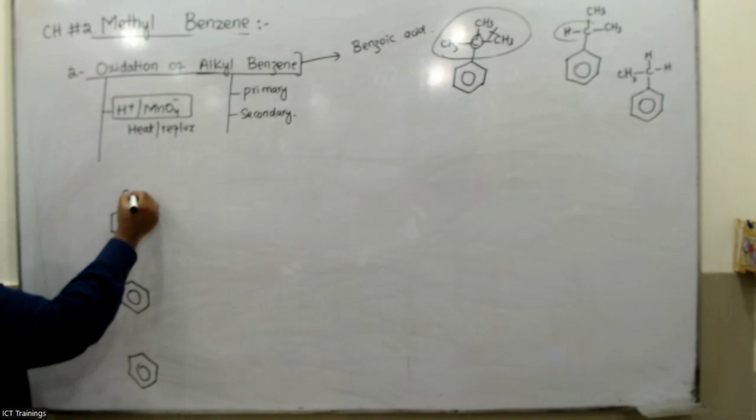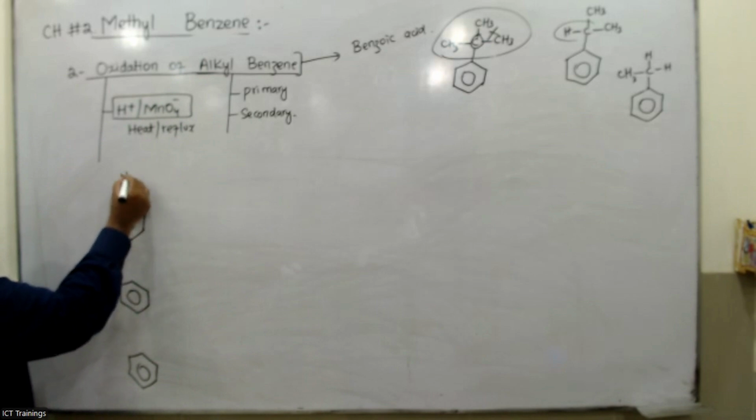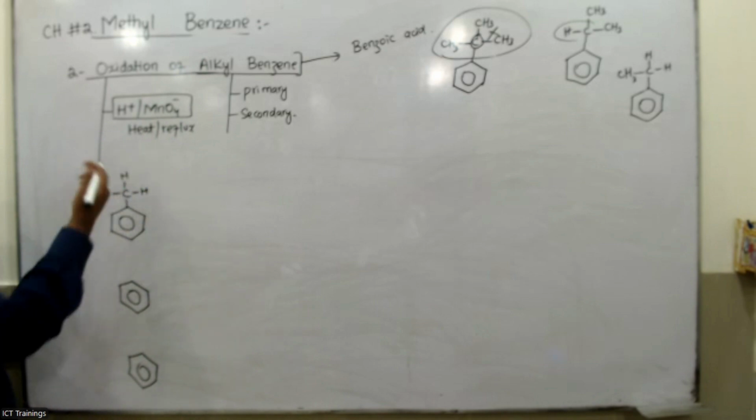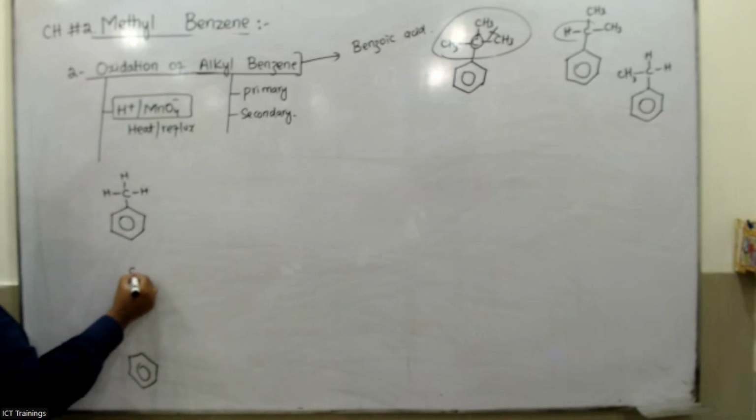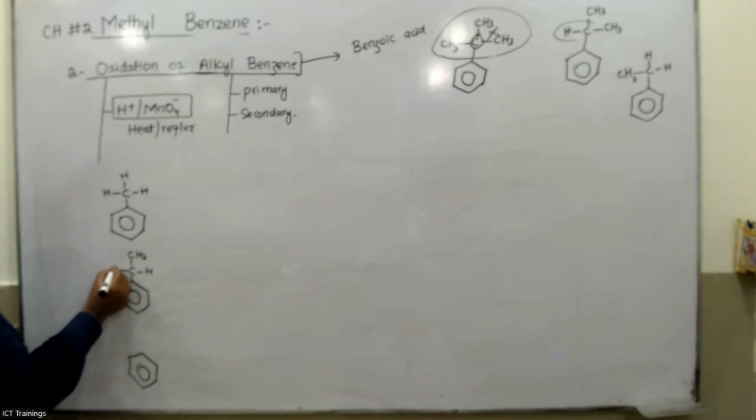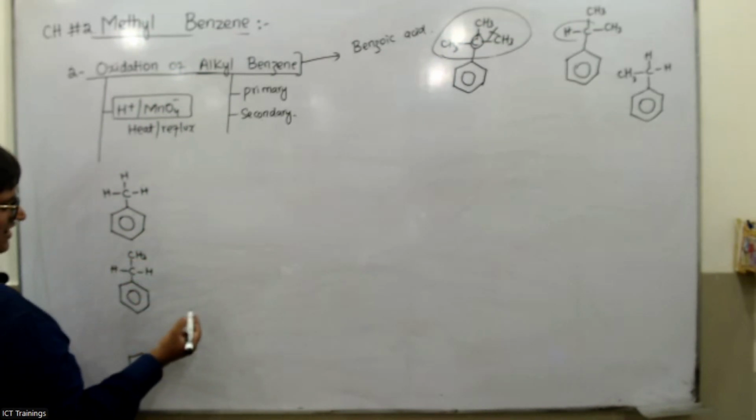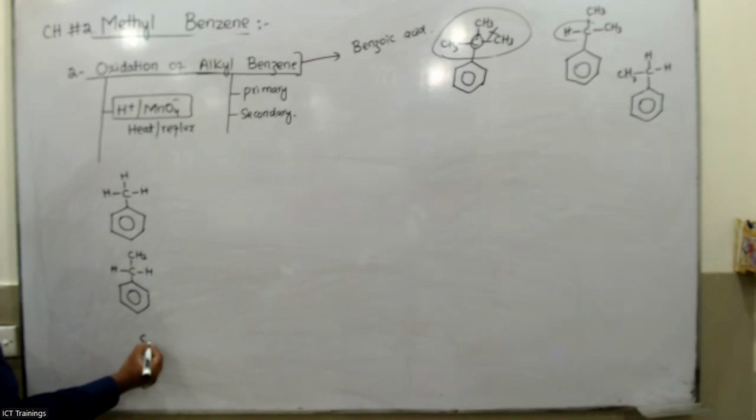This is methyl benzene. I'm going to display it so that you may understand it. This is hydrogen, this is CH3, and this is H. So this is the ethyl benzene. This one carbon, this is CH3, this is CH3, and this is CH3.